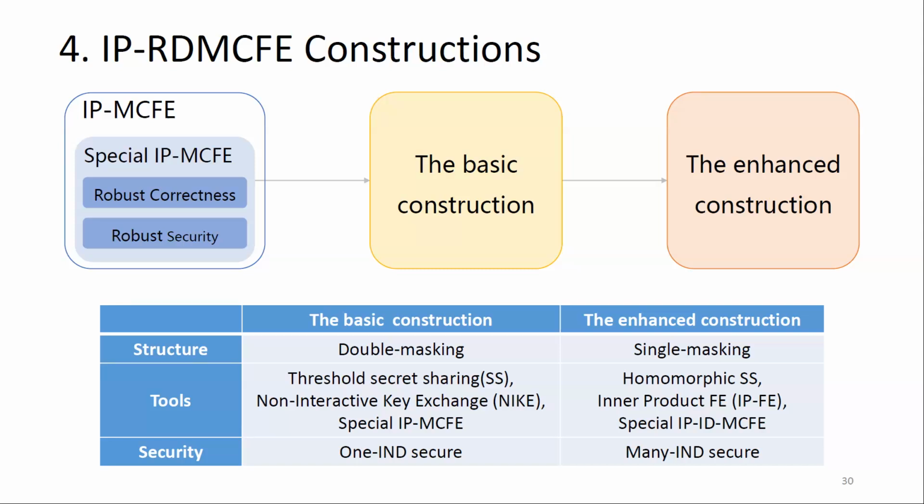Second, based on the special IPMCFE, using a bottom masking structure, we designed our basic construction that has one-ID security. Third, to enhance the security, we designed an enhanced construction that uses an exact single masking structure, a homomorphic secret sharing scheme, and an inner product functional encryption.